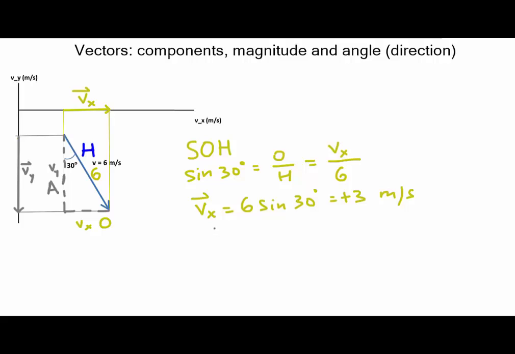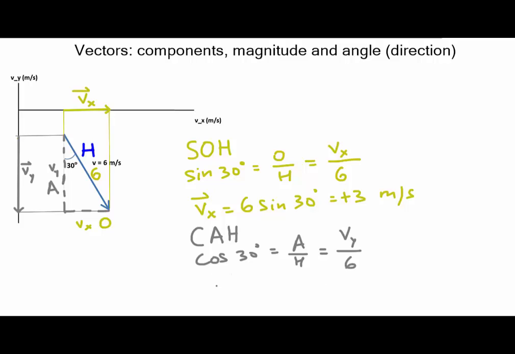And for the y component, I need the adjacent, I know the hypotenuse, so the function that ties that is cosine, the CAH part of the SOHCAHTOA. So this tells me that cosine of 30 degrees equals adjacent over hypotenuse, which gives me Vy over 6.